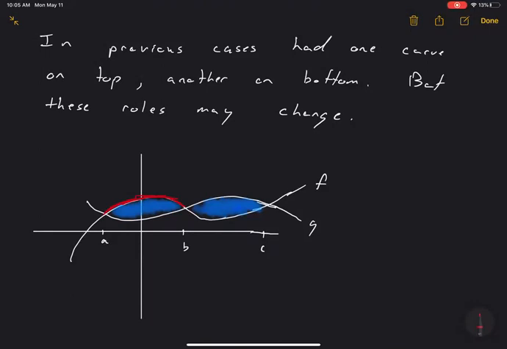Yeah, so f is on top for this piece. And then what's on bottom? Green's on bottom for this piece, or excuse me, g is on bottom. What about for this piece of the graph? Well, it switches, right? Now g's on top and f is on bottom.